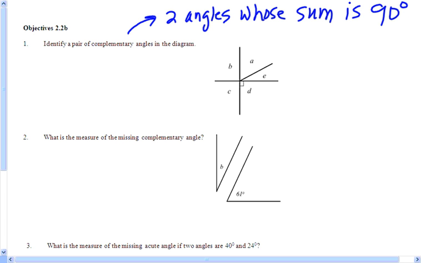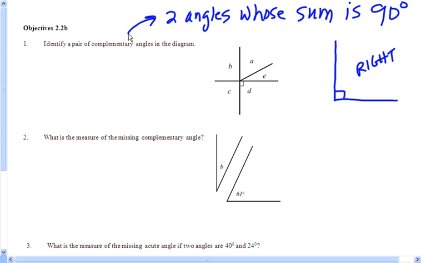So if we look at this diagram here, it says identify a pair of complementary angles. Well, one thing we know about a 90-degree angle is it looks like an L. That's a 90-degree angle or a right angle. So two angles add up to 90 degrees. When you put them together, they're going to form a right angle.